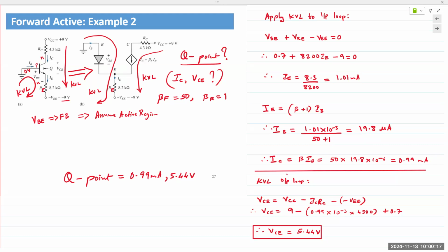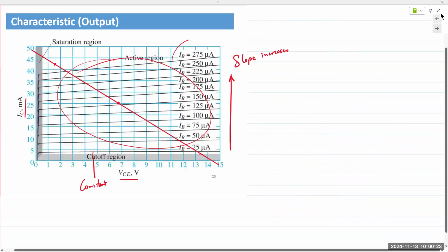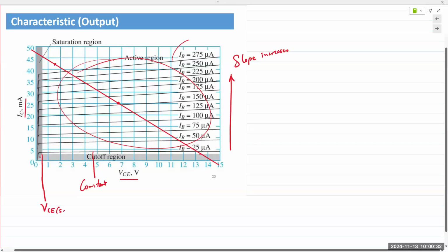All right, we're almost out of time. Just quickly, I want to point this out. So in the characteristics, right here, what do you see? When the transistor is in saturation, VCE value is typically 0.2 to 0.4 volts.